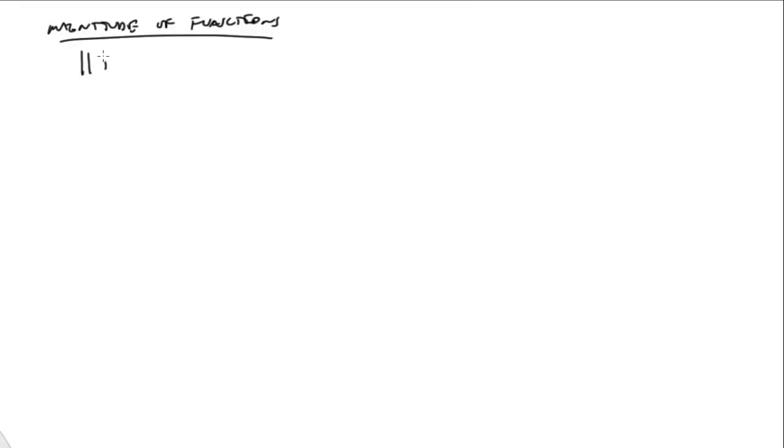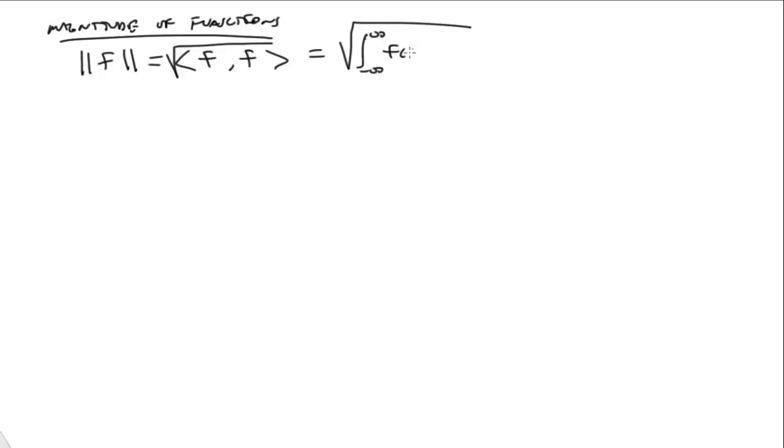We can actually define something, where this could be a complex valued function, but we'll take it as having only real inputs. The square root of the inner product of the function with itself, which we can write as f of t, and without loss of generality, we'll just put that complex conjugate there.